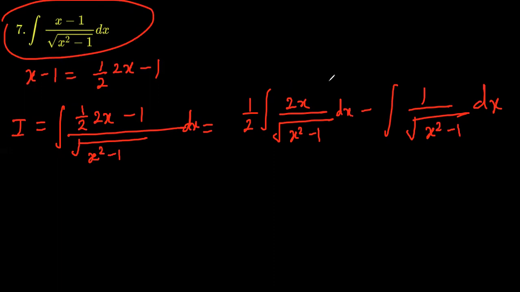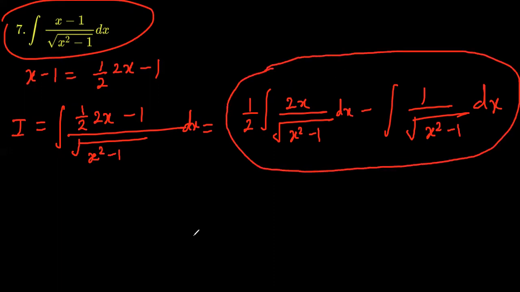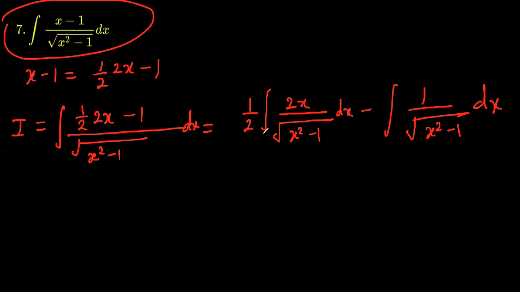So this question can be written like this. Can we say this is the same as half of I1 minus I2? Yes, that means our integral is equal to half of I1 minus I2.